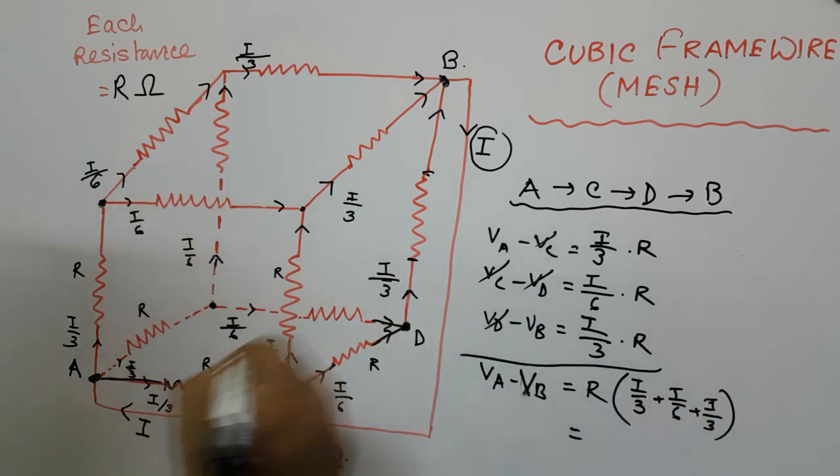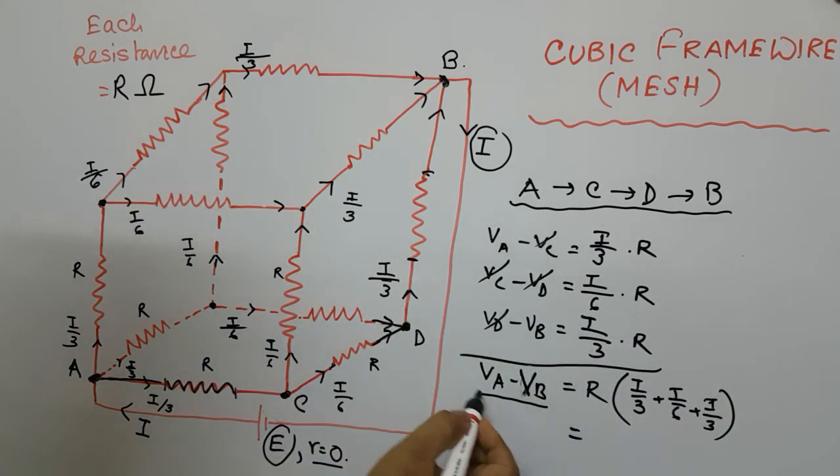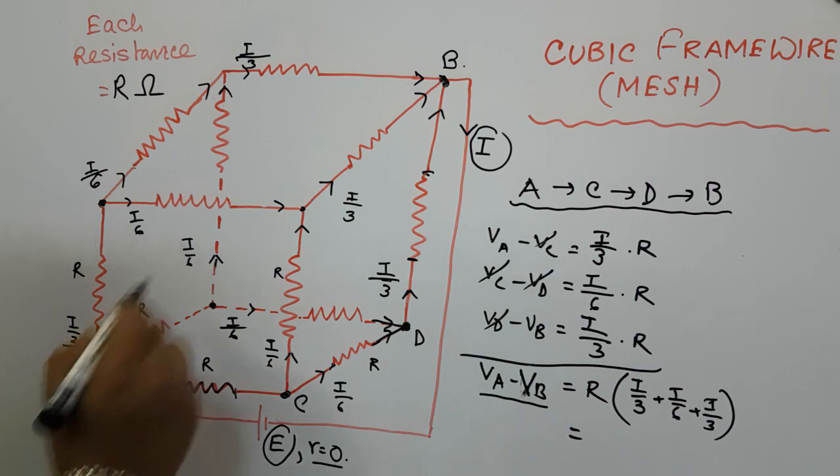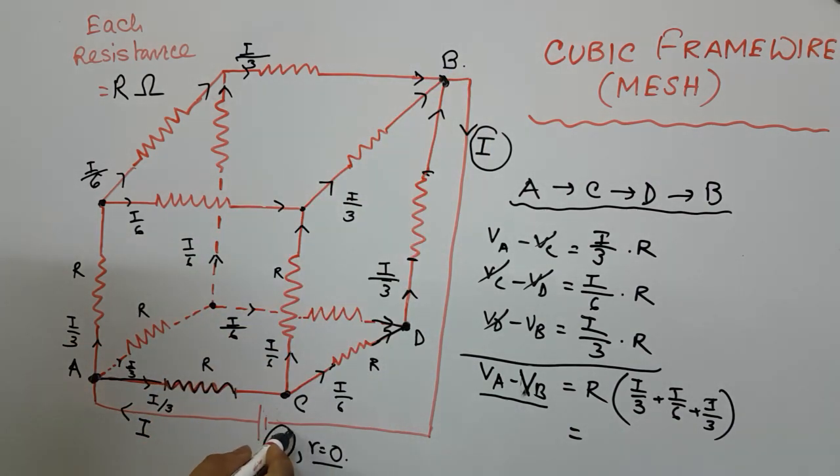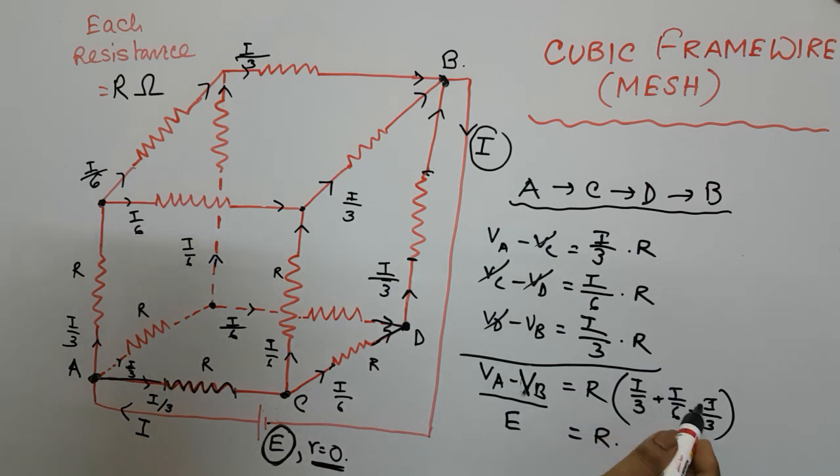And VA minus VB is nothing but the EMF of the battery or cell, because the internal resistance is 0 here, so there is no potential drop across it. So we get E is equal to R into 2I by 3 plus I by 6, that is 5I by 6.